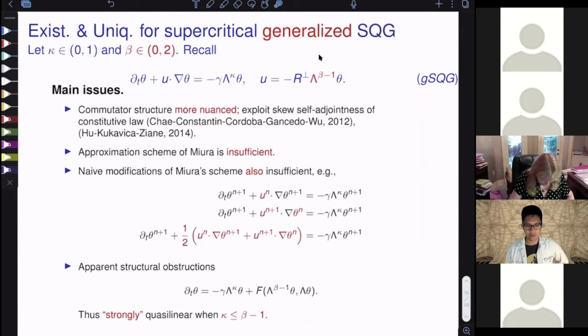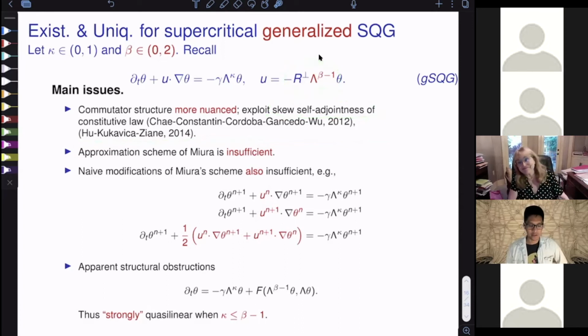All right. So for the supercritically dissipative GSQG equations, there are some problems that arise in contrast to the classical result of Miura. In particular, the commutator structure is much more nuanced. And in order to prove local well-posedness even in subcritical scaling spaces, one had to really use the fact that the multiplier was odd in the constitutive law.